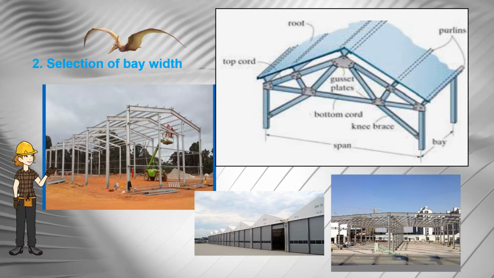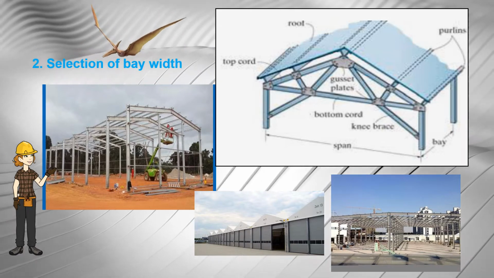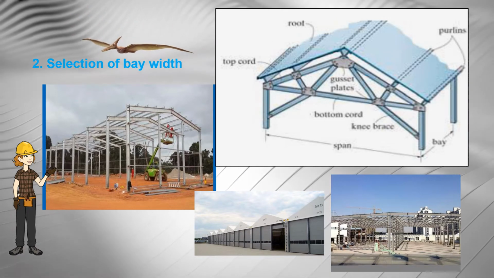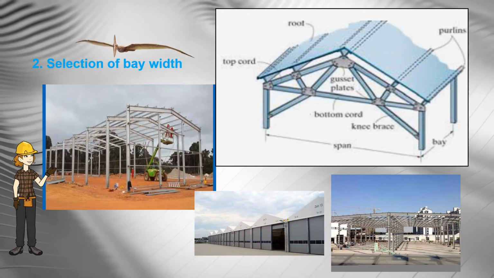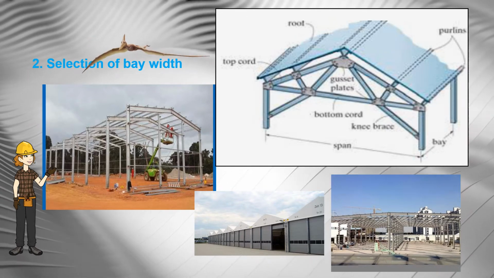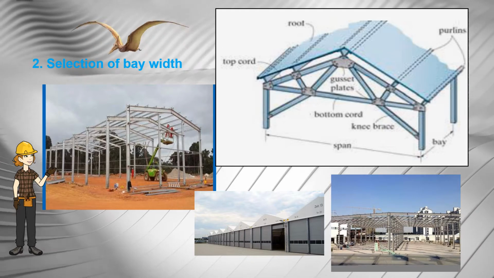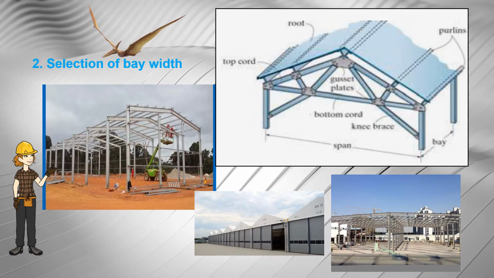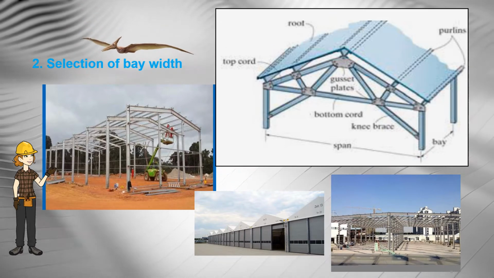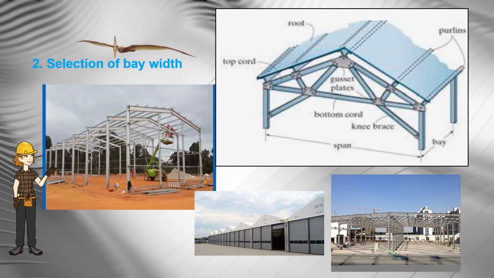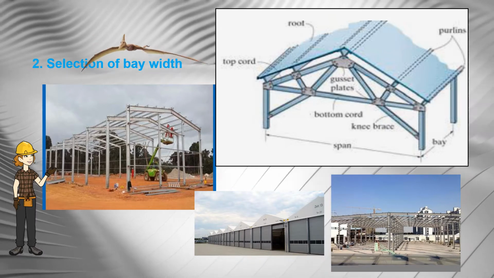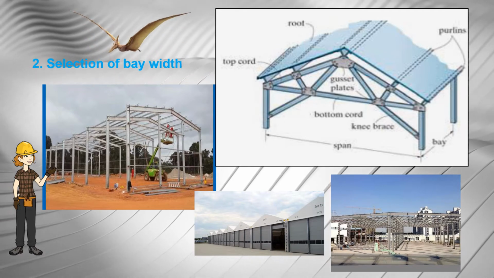Number 2. Selection of bay width. A bay is defined as the space between two adjacent bents. The roof truss along with the columns constitute a bent. An industrial building may have a single span or multiple spans.